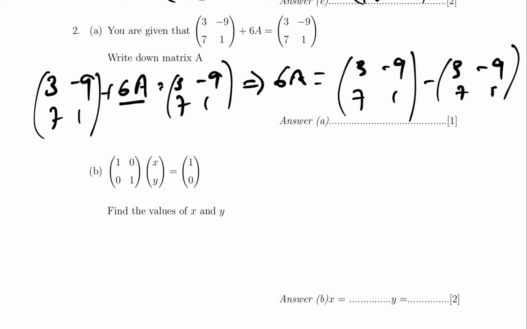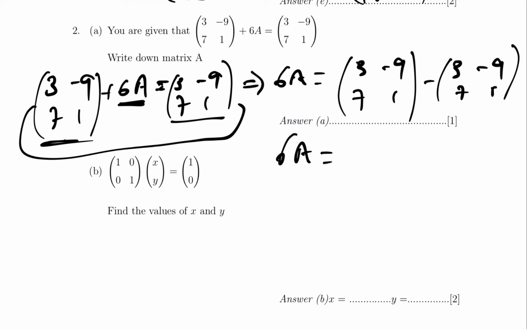I'm saying 6a is equal to this matrix, then we take this matrix to this side, that's why we are now saying minus this one. So this is subtraction of matrices.